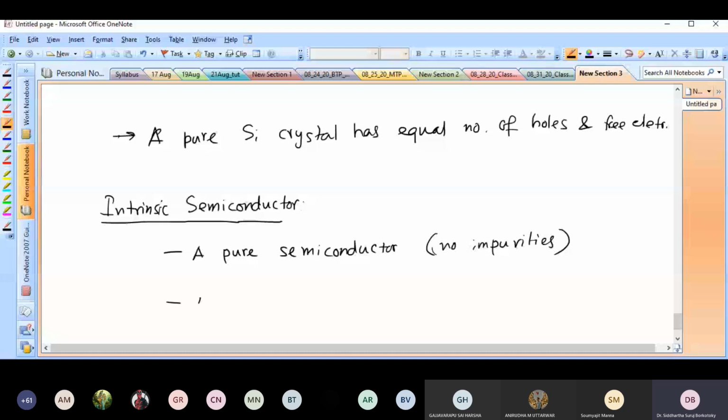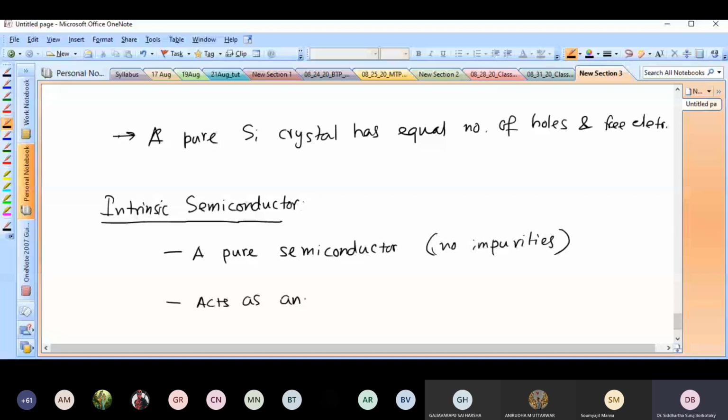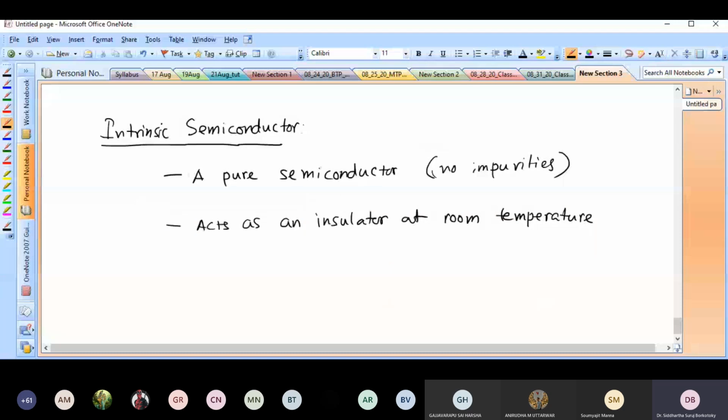So it acts as an insulator at room temperature. Why does this happen?